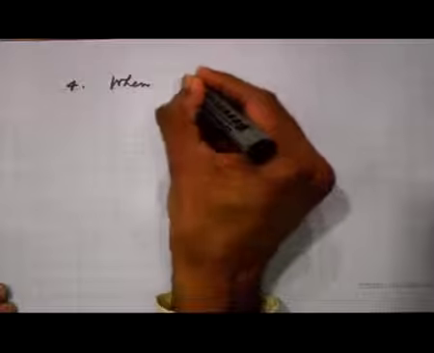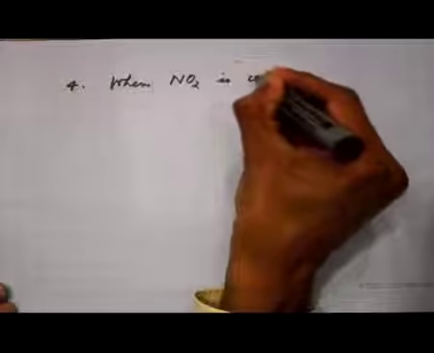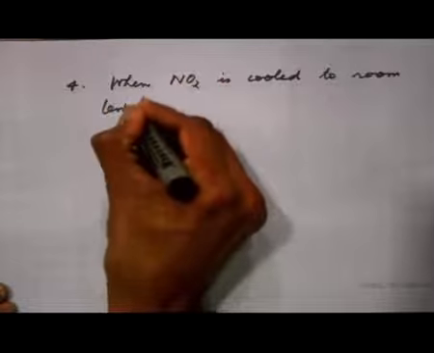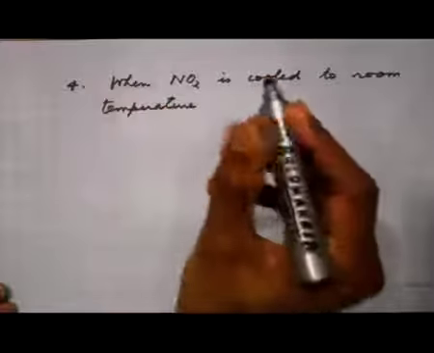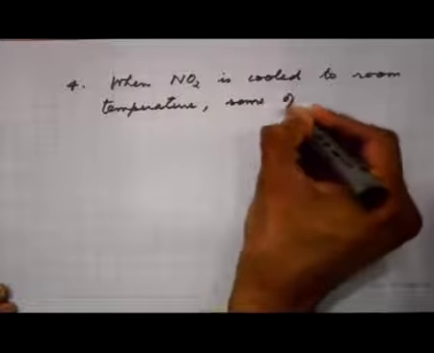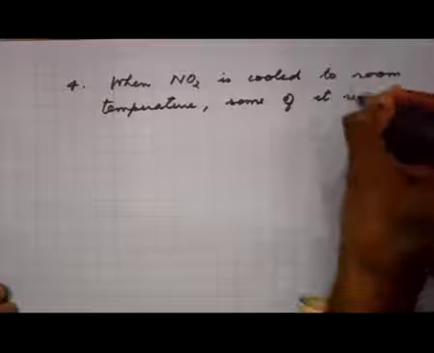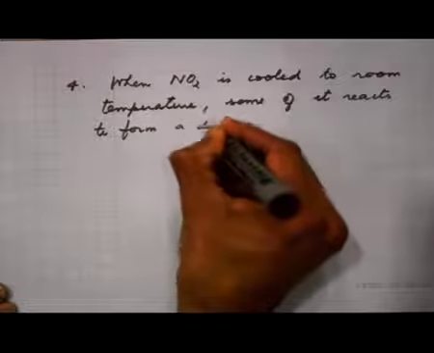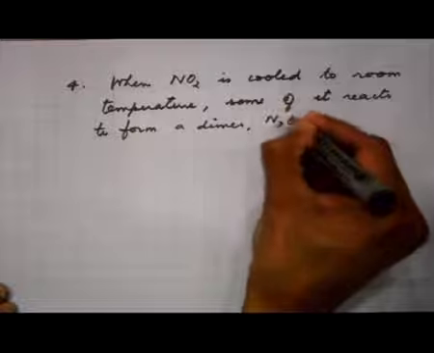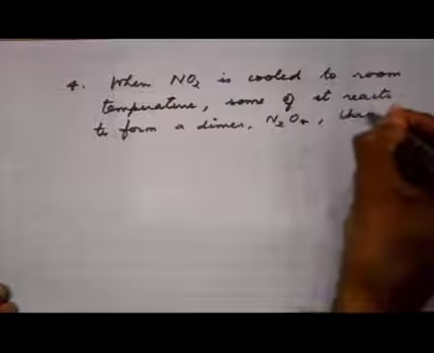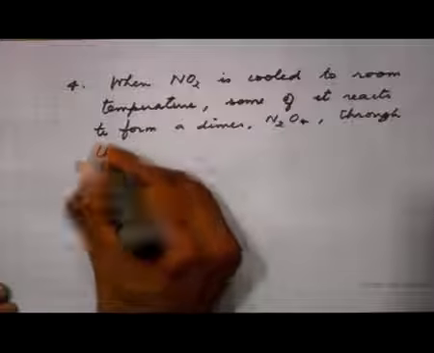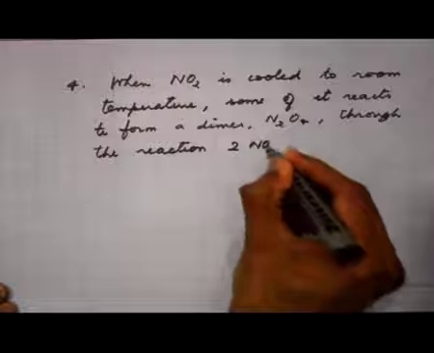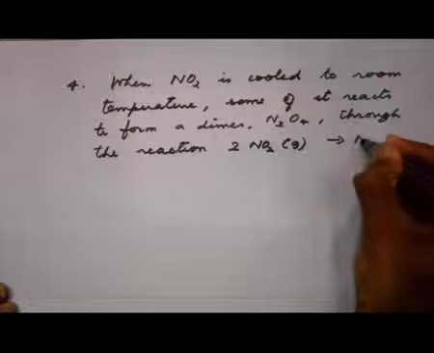When nitrogen dioxide is cooled to room temperature, some of it reacts to form a dimer N2O4 through the reaction of NO2 gas giving N2O4 gas.